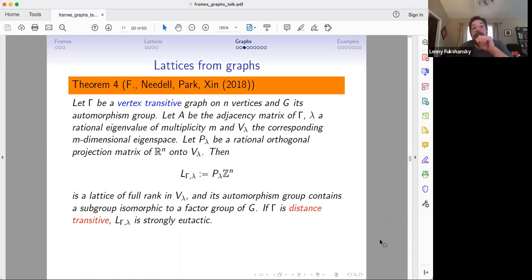Let P sub lambda be the rational orthogonal projection matrix of Rn onto this eigenspace. Then I can take the orthogonal projection of the integer lattice Zn onto the space, and I get some lattice in the eigenspace V sub lambda.